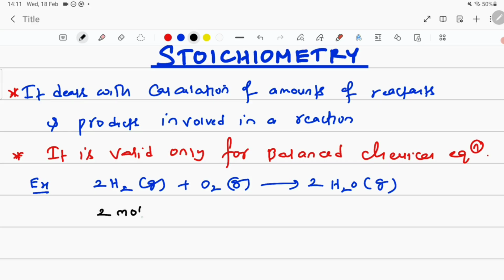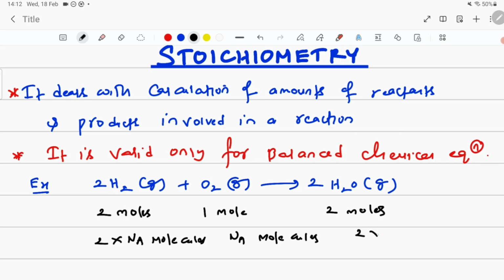I can read it as 2 moles of H2, 1 mole of O2, 2 moles of H2O. Or you can write 2 into Na molecules, Na molecules for O2, 2 into Na molecules for H2O. So you can interpret the given reaction either in terms of moles or in terms of molecules.